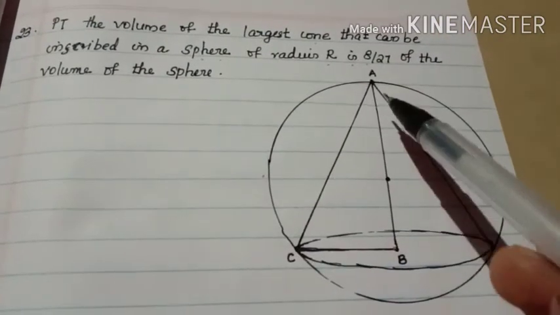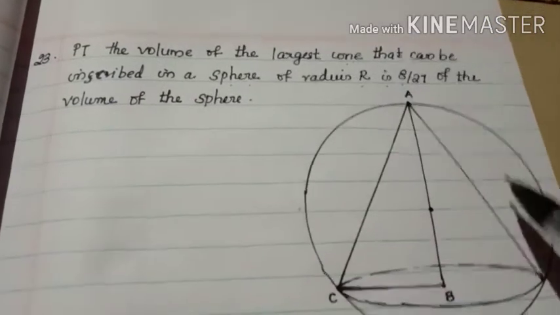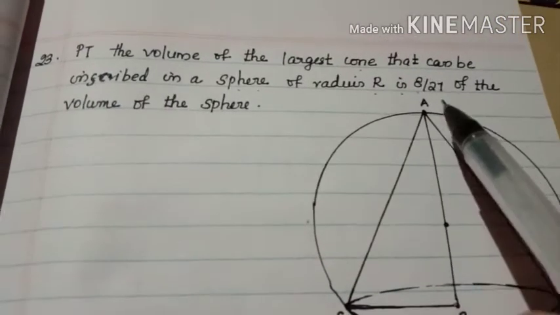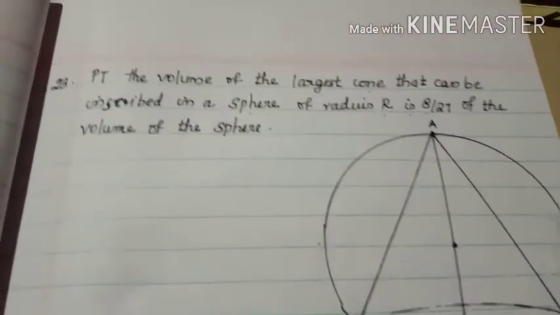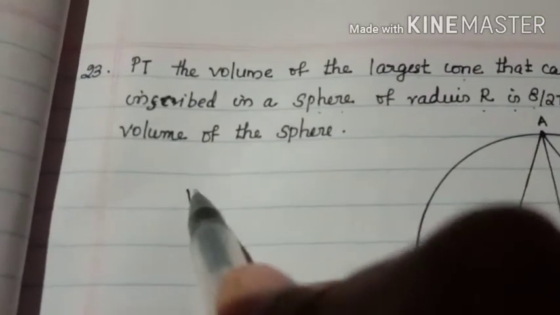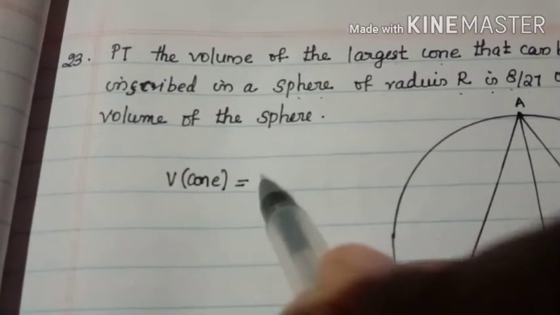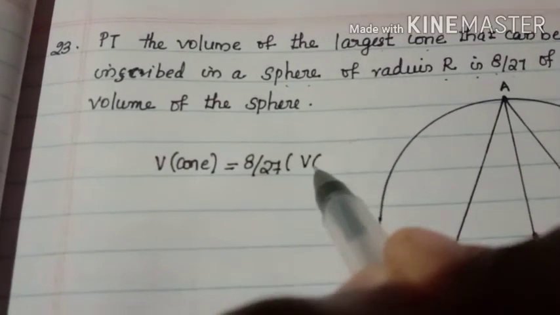In that manner we insert a cone inside this sphere and prove that the volume of this cone is 8 by 27th of the volume of this sphere. We need to prove volume of cone is equal to 8 by 27 of volume of sphere.